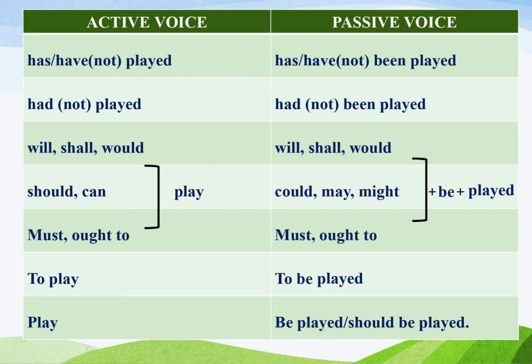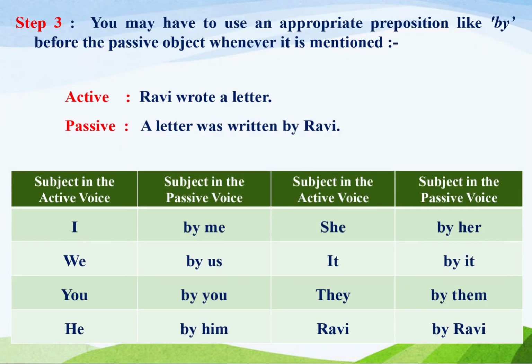Now we follow step 3. You may have to use an appropriate preposition like by before the passive object whenever it is mentioned. We see the sentence, Ravi wrote a letter. A letter was written by Ravi.